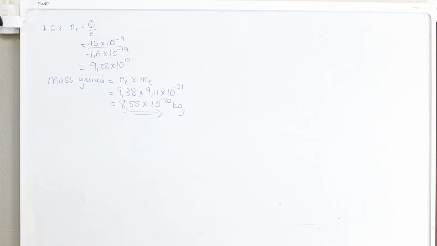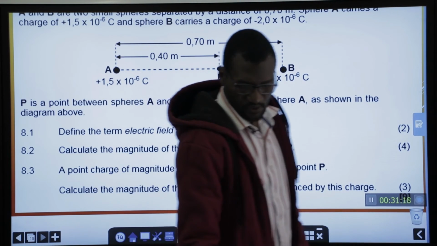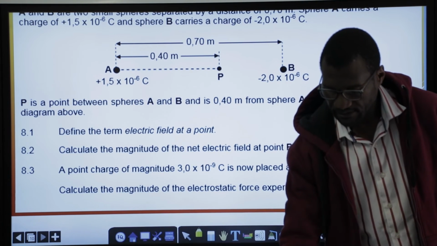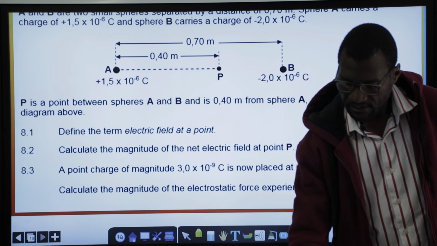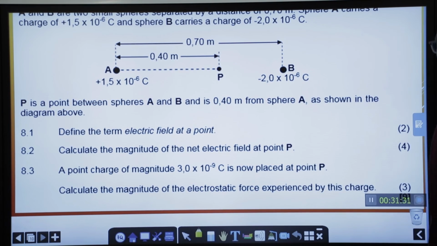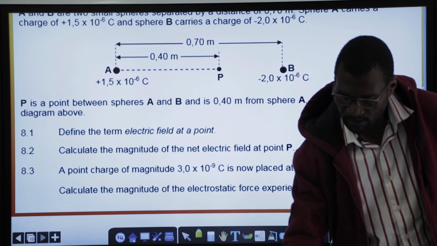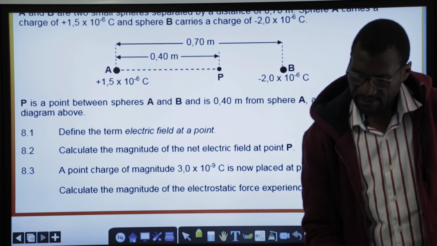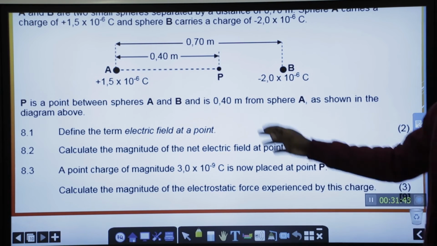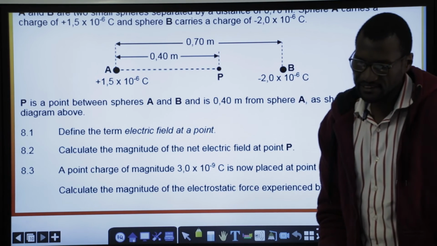Okay, so that's question 7 for us sorted, done and dusted. Let's look at the next one, which is talking about a November 2017 question paper. Yes, A and B are two small spheres separated by a distance of 0,70 meters.